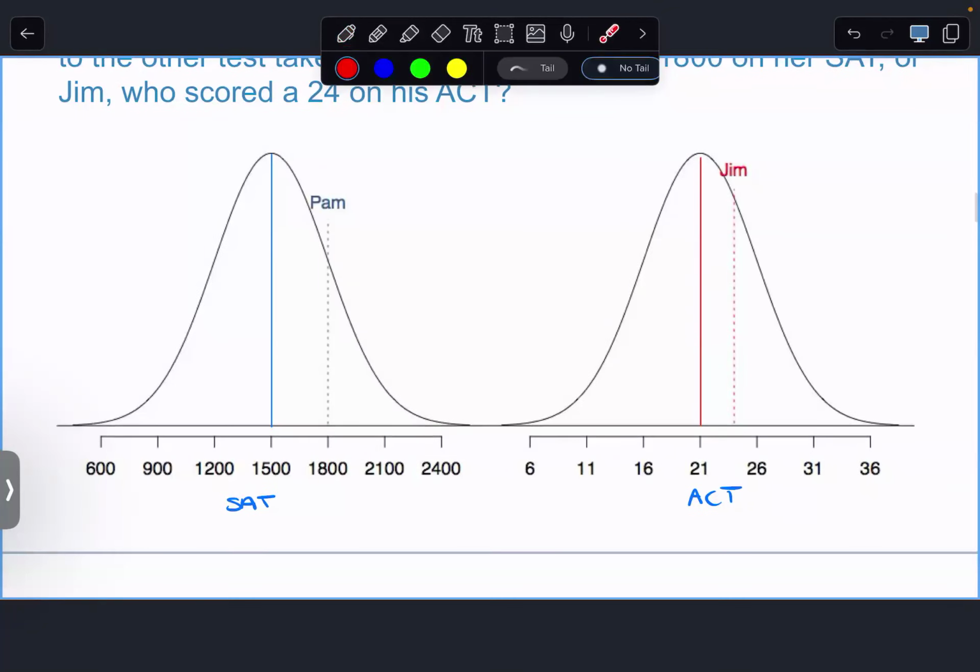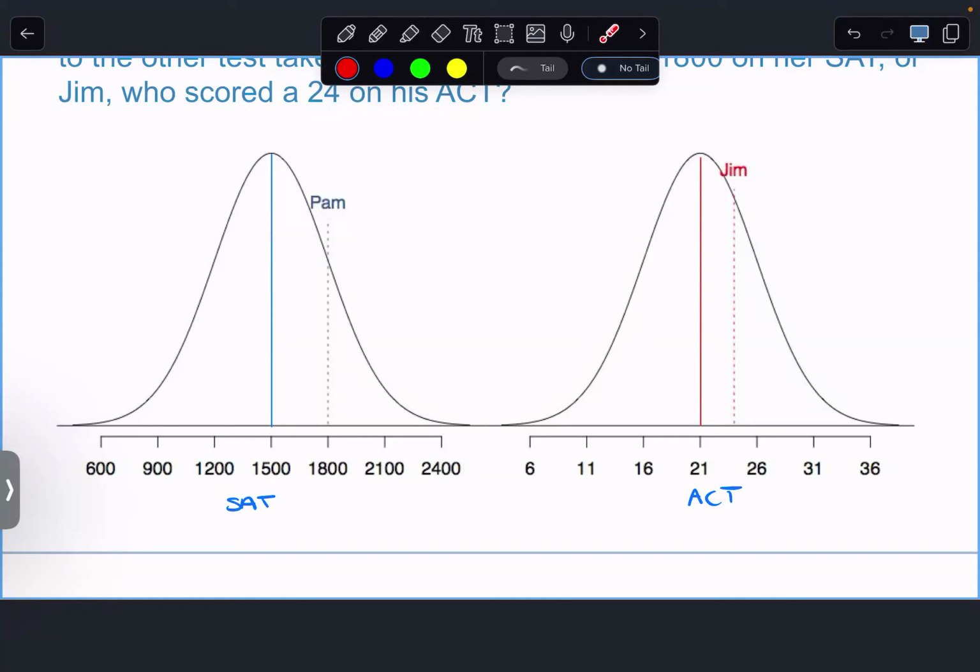Just looking at these graphs, knowing that the center is 1,500 and the other center is 21, it looks to me like Pam is further from the mean than Jim is. But how can I communicate that?